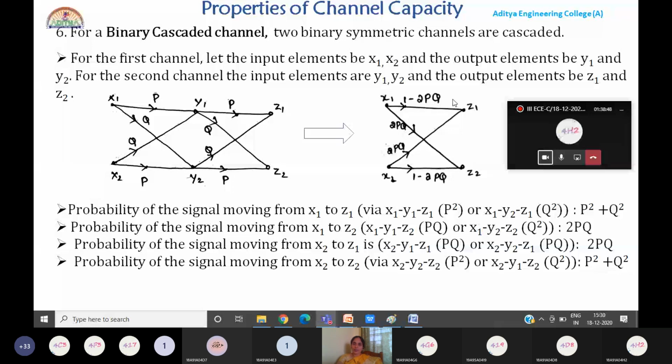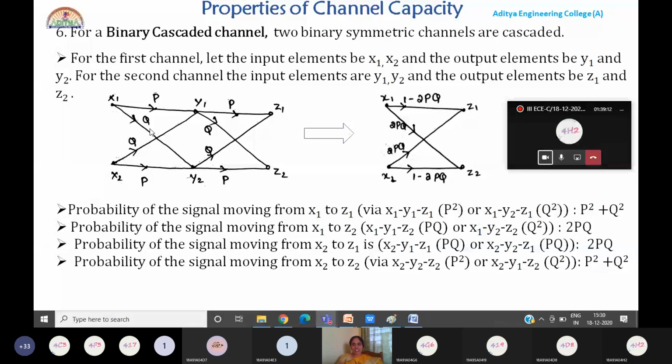So before that, let us see how many paths are available to move from x1 to z1, because you need to calculate the x1 z1 probability. First you should know the available paths.